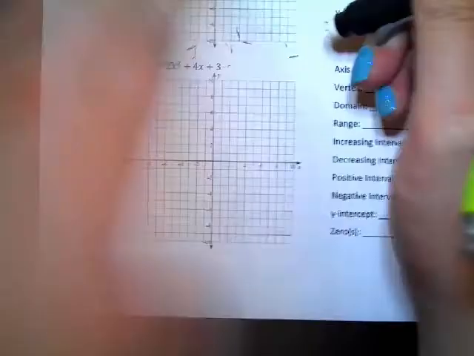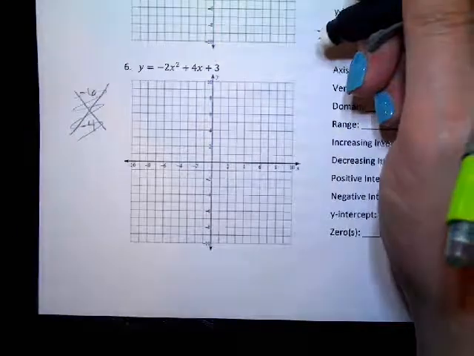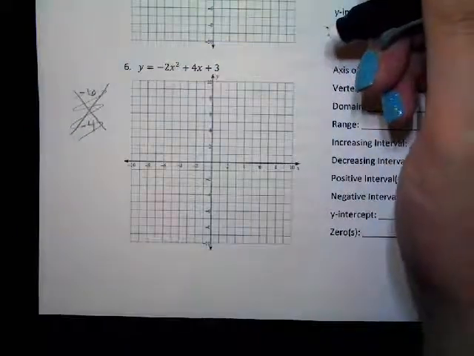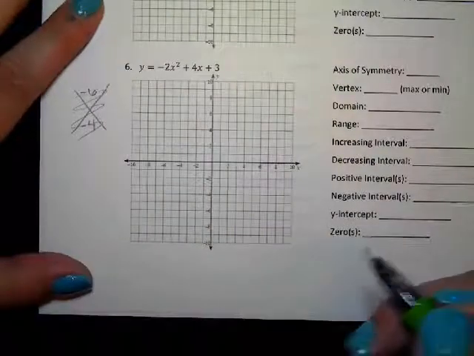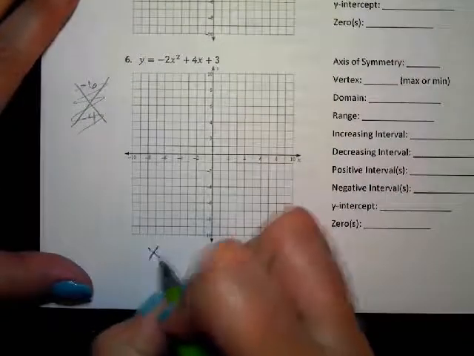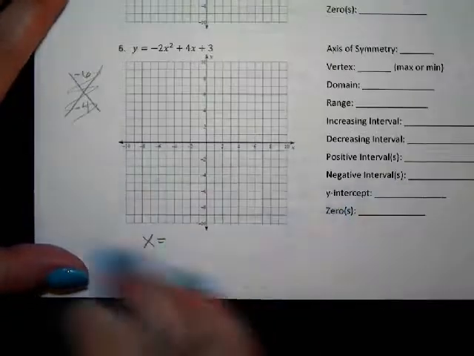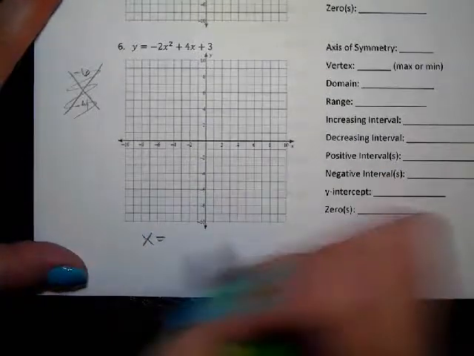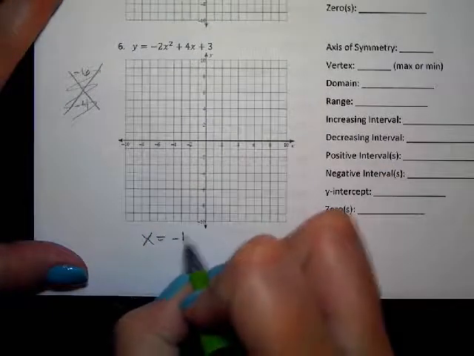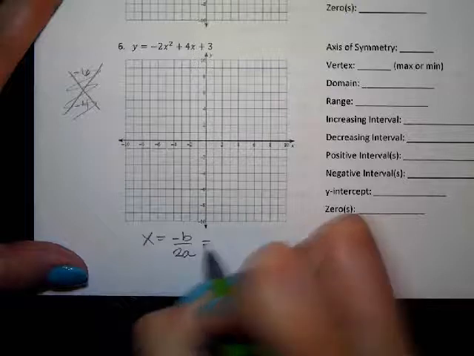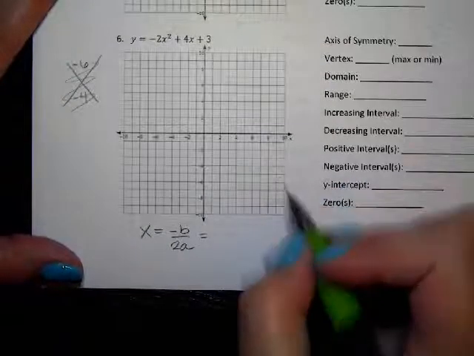Okay, so we got negative b over 2a, so negative 4 over what? Negative 4, 1, okay. So our vertex has an x-coordinate of 1. The formula is x equals, so it will always give you an x-coordinate.